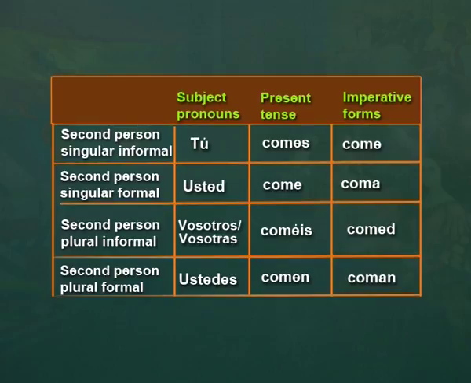The ER and the IR ending verbs function as follows. Comer, for example, is to eat. You drop the S of the tu form in the present tense. In the tu present tense you say comes, right? So, in imperative form it is come, you drop the S. Usted coma, the E in Spanish changes to A in the usted form.